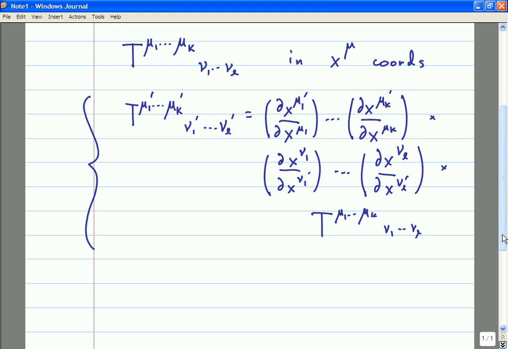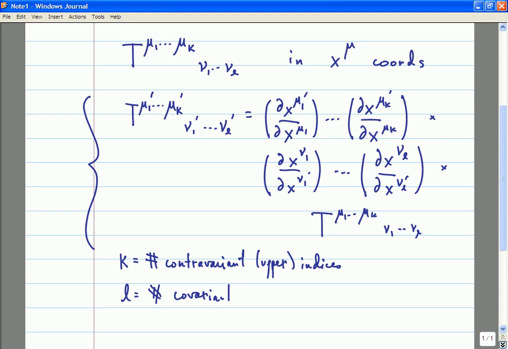Before, I just want to remind you that k here is the number of upper indices, also sometimes referred to as the number of contravariant indices. And L is the number of covariant indices, which is to say the number of lower indices.